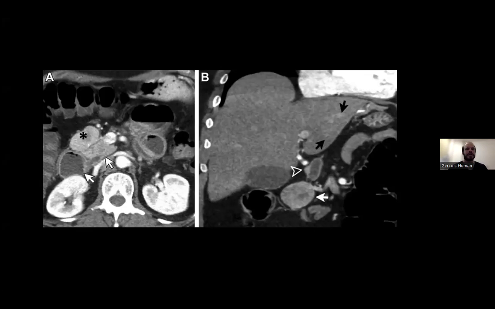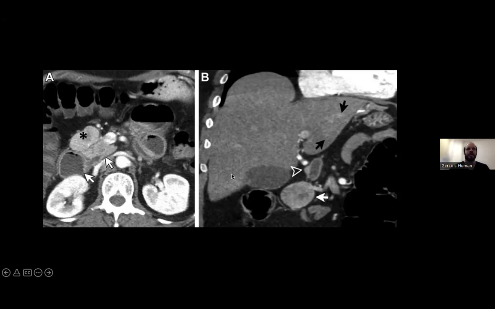So this is a patient, axial arterial phase image, showing an ovoid enhancing mass, this one with the asterisk, anterior to the pancreaticoduodenal groove, and then this pancreatic head, which, as you can see, is slightly displaced posteriorly.